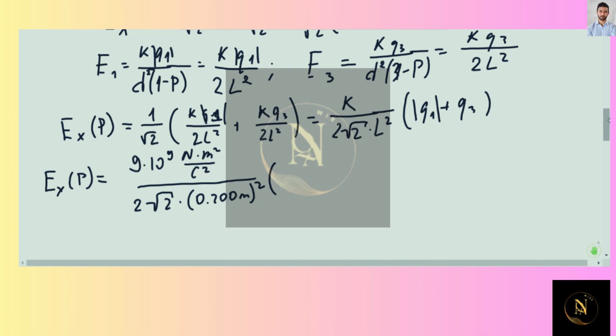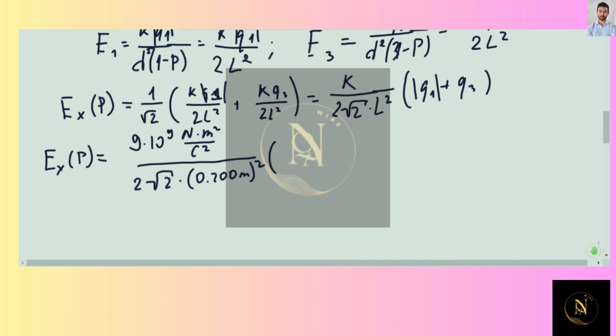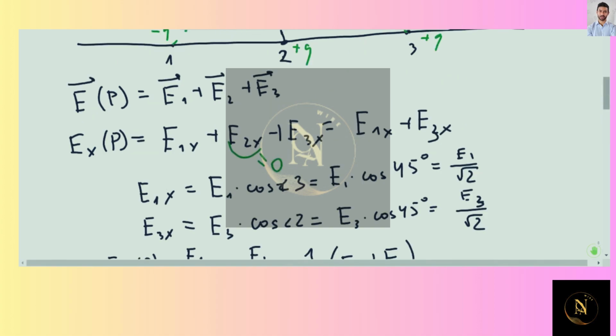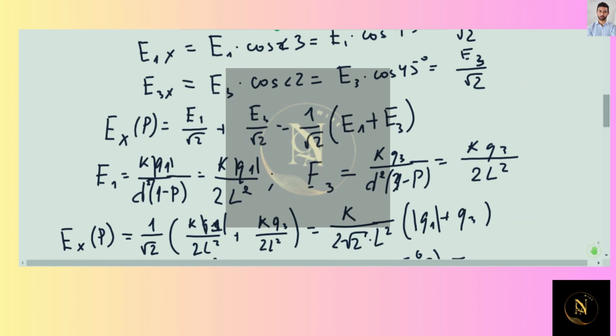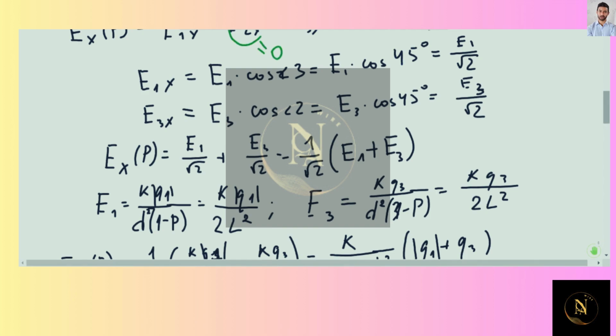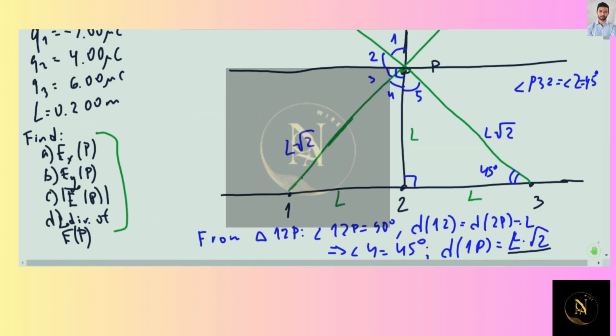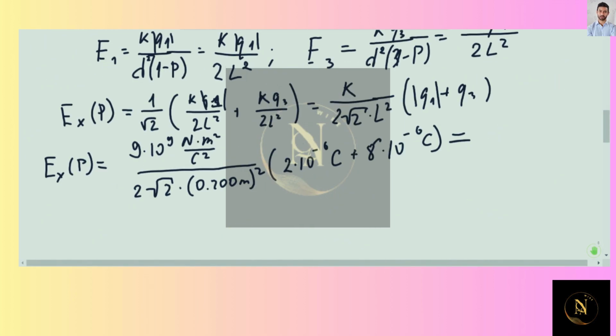So Q1 will be just positive, which is 2 multiplied by 10 to the power of negative 6 coulombs plus 8 multiplied by 10 to the power of negative 6 coulombs. Now I have to use a calculator. Oh, sorry, my bad, it's 6 microcoulombs. So let's do this calculation.